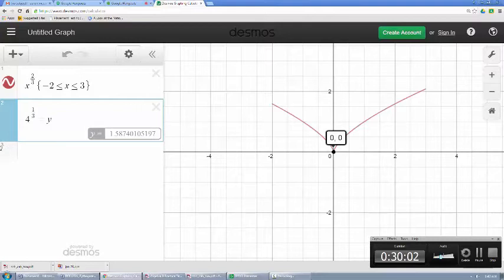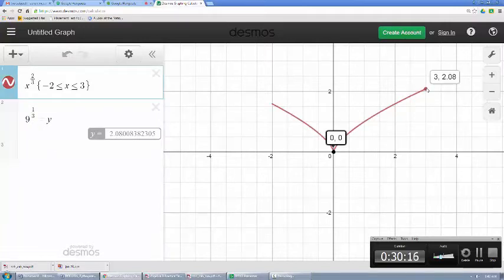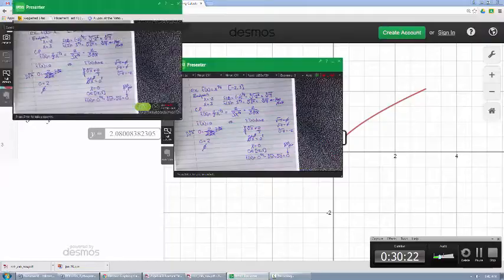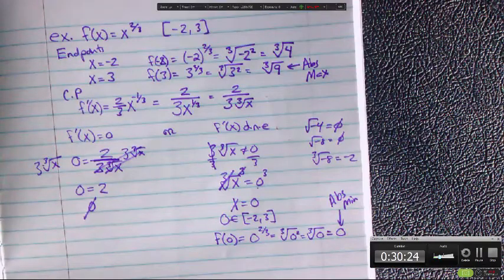There we go, 1.587. And we change this to 9, the cube root of 9, we get 2.08, which is the endpoint, 3 comma 2.08. So that's the picture we're looking at. But we identify the absolute maximum and the absolute minimum without having a picture drawn for us.